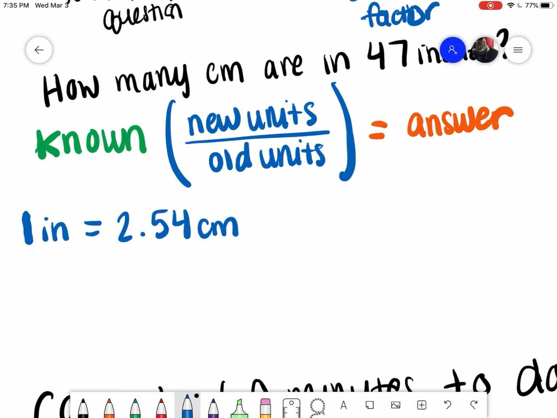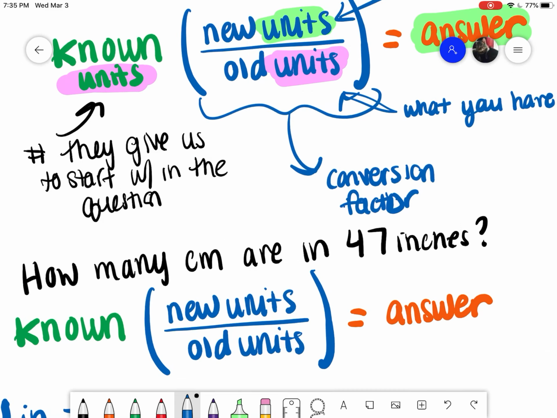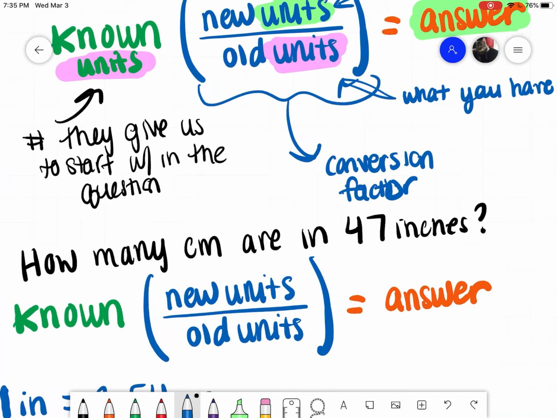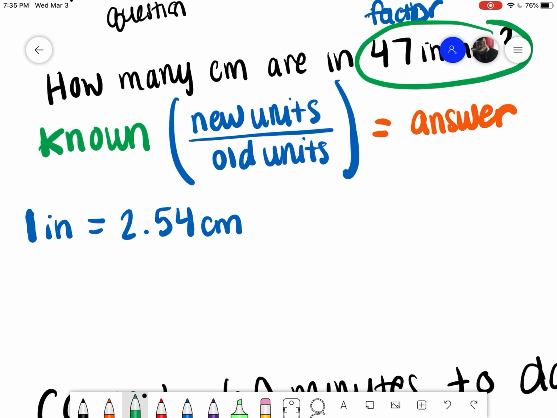Our known up here in our original equation is the number they give us to start with in the question. In the question, how many centimeters are in 47 inches, this 47 inches is that number they give us to start with. So we're going to put that first, our 47 inches.